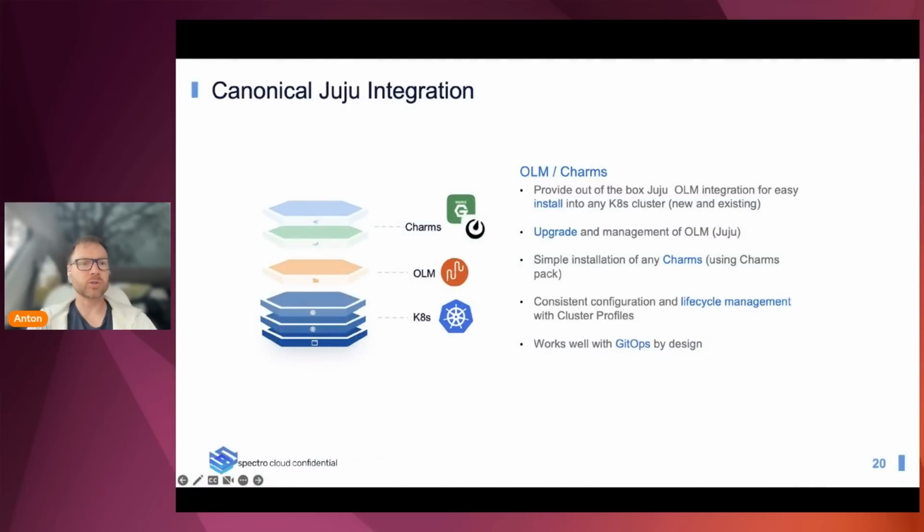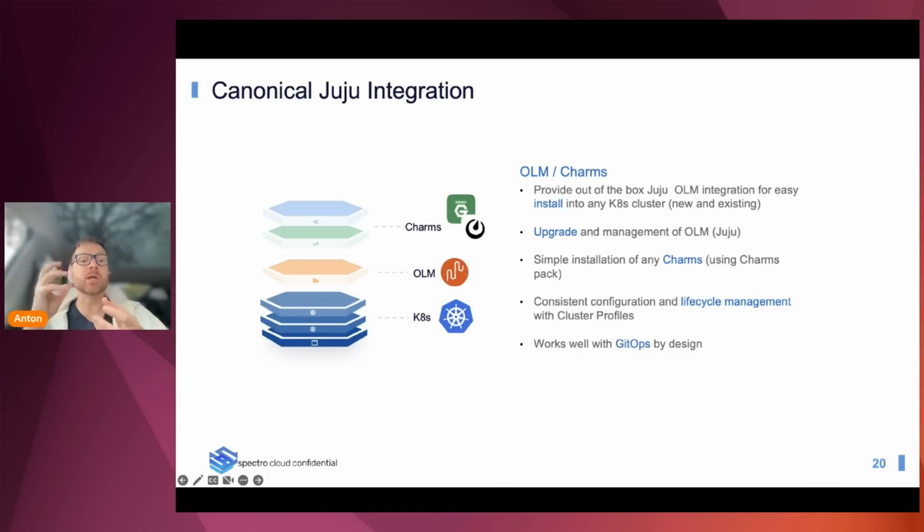So the Canonical Juju integration looks like this. I showed you the cluster profiles before. What we've done is that because we enable you to create your own layers as specifications inside Palette, we created one for Juju called OLM. Now, under the hood, it's actually going to do all the work using Juju.